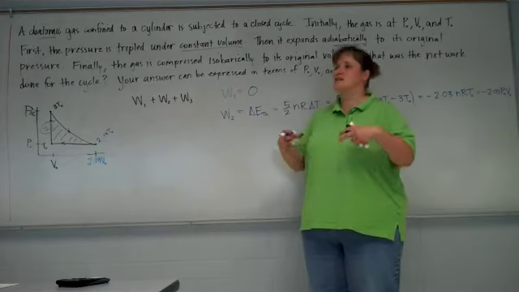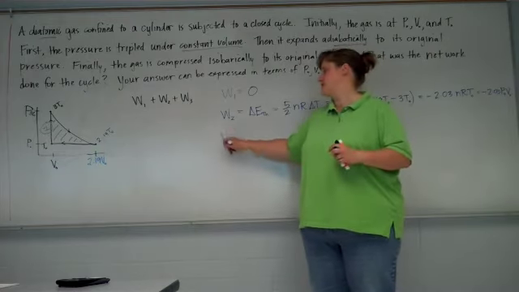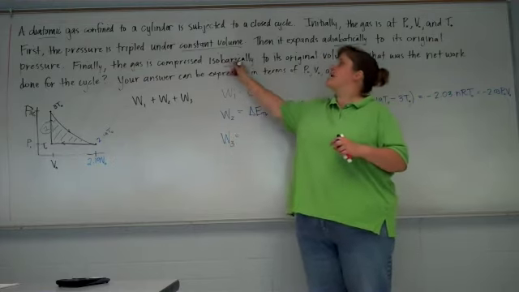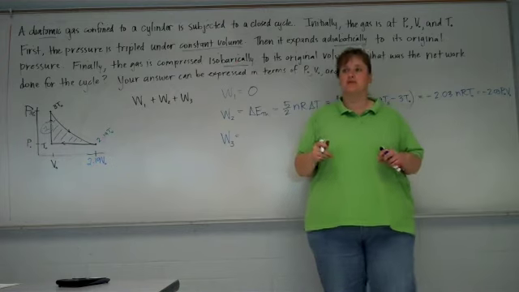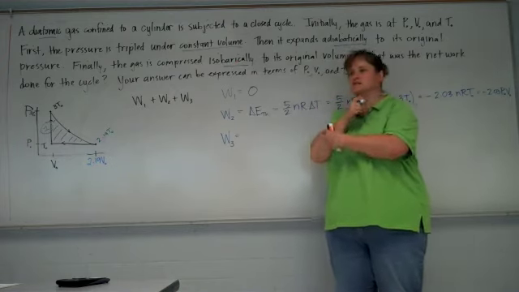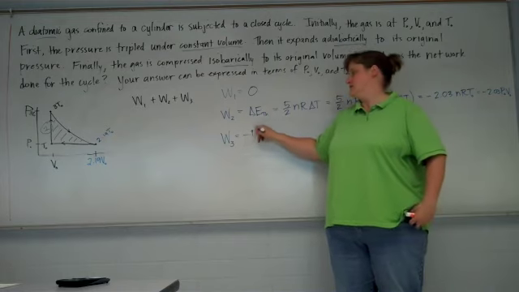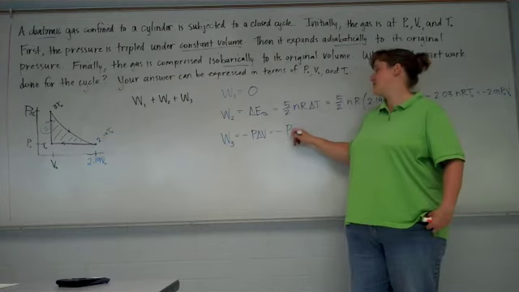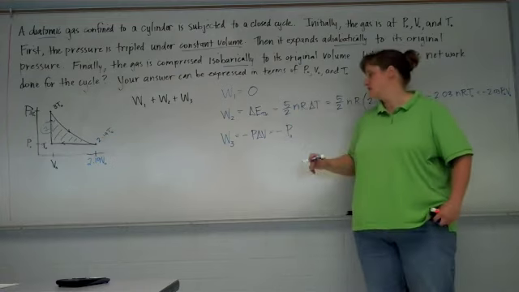So energy is leaving our gas during that step. The third step is isobaric. Isobaric, pressure is held constant. How do we find work in an isobaric process? Negative P delta V. So pressure, that whole step is P naught.